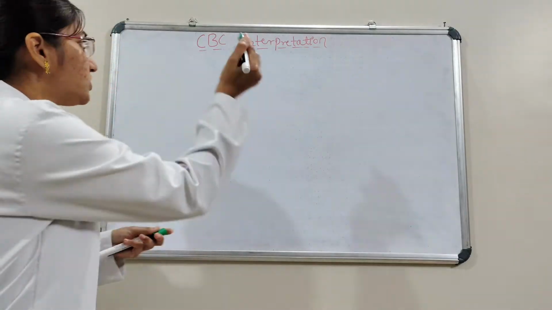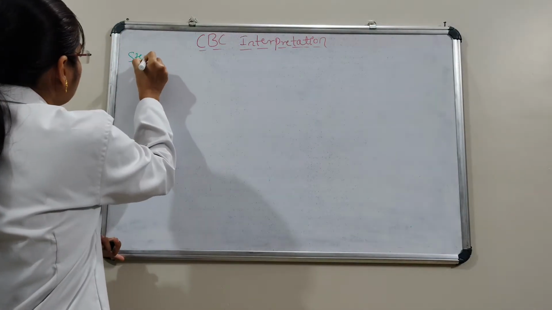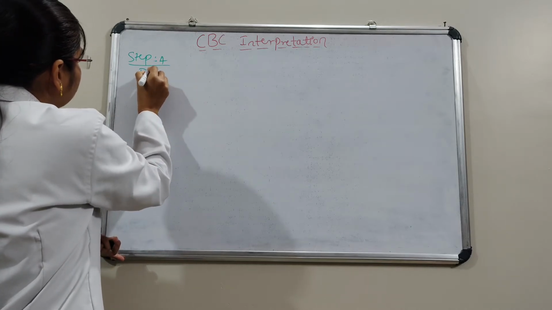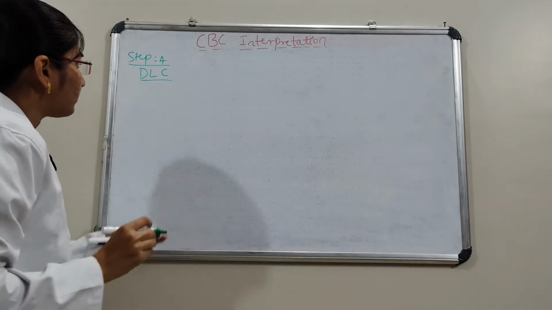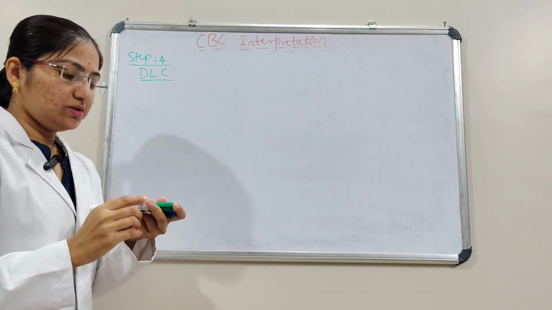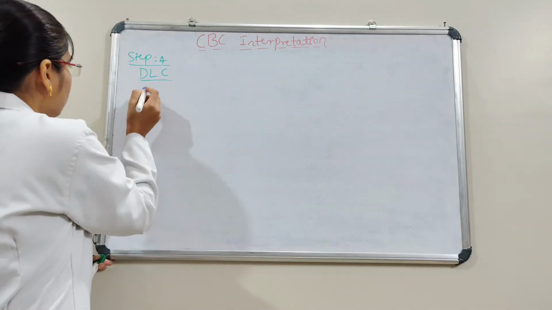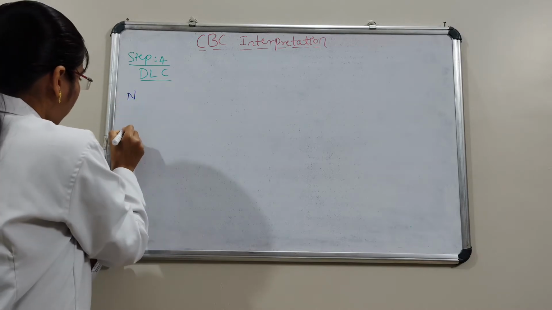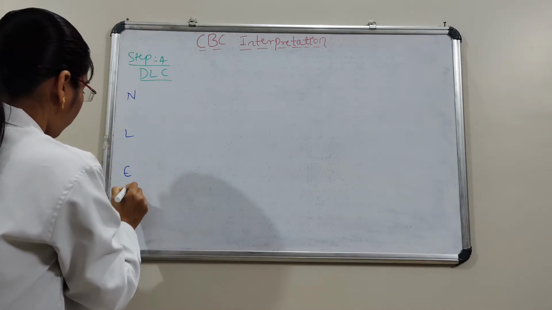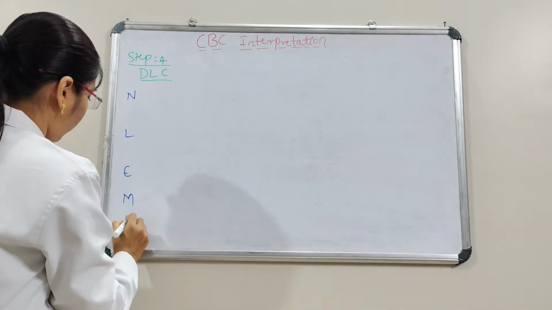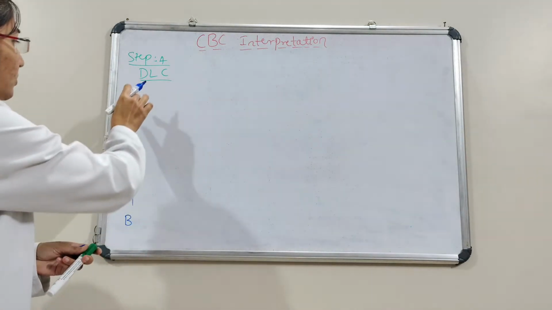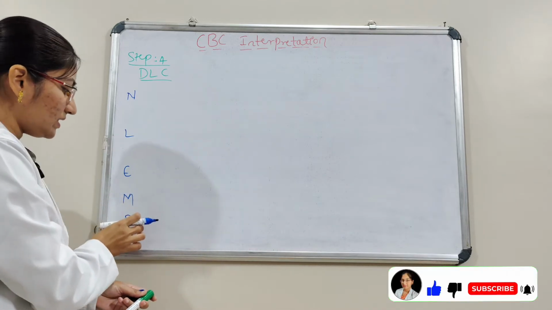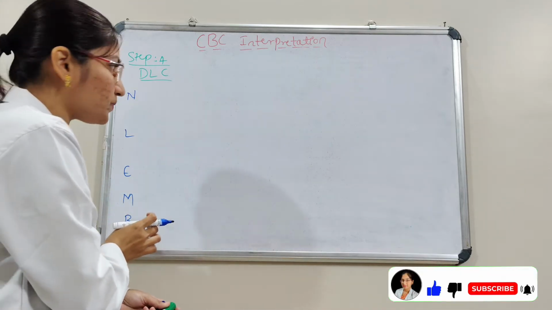Next we will see the fourth step, that is DLC, differential leukocyte count. Here we are going to see neutrophils, lymphocytes, eosinophils, monocytes, and basophils.